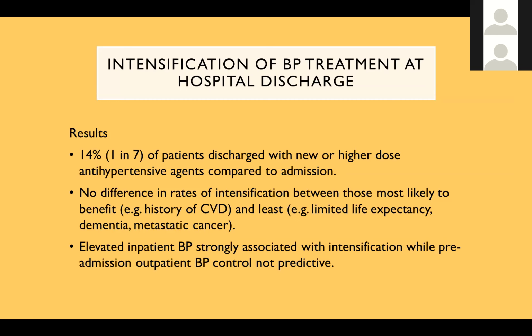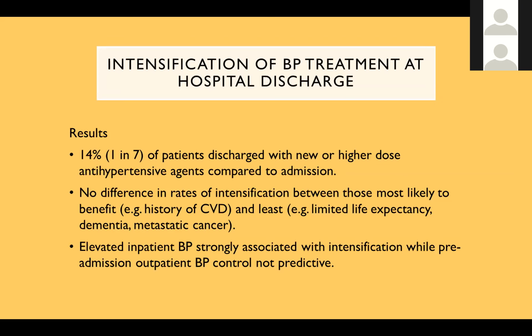And when they dug further, interestingly, there was no difference in who was intensified based on whether they were likely to benefit from it, or less likely to benefit from it.